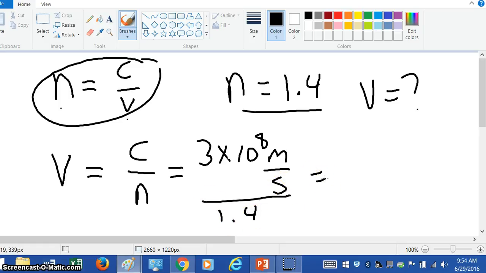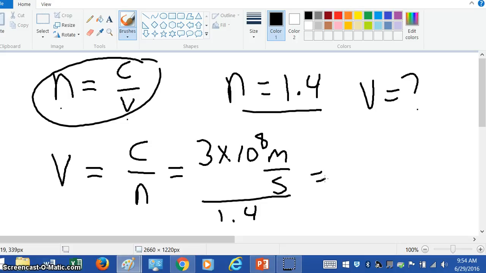Let me get my calculator real quick. 3 times 10 to the 8th divided by 1.4. I get this really large number, so I'm going to change it to scientific notation. It's like 214 and so on.